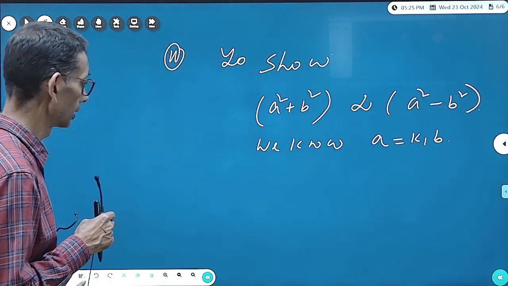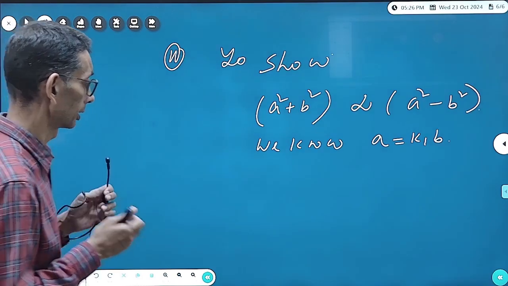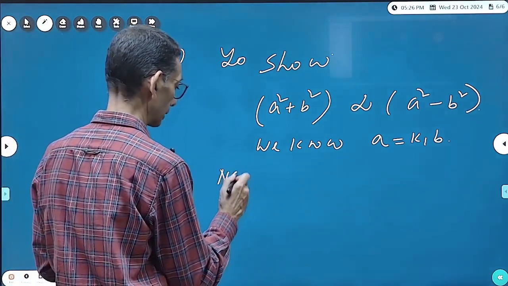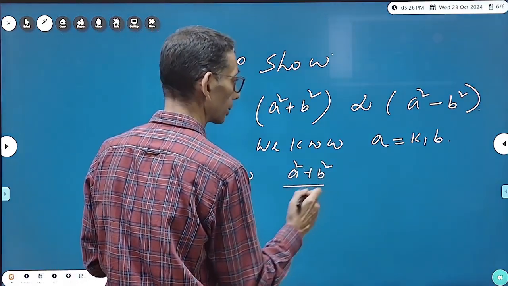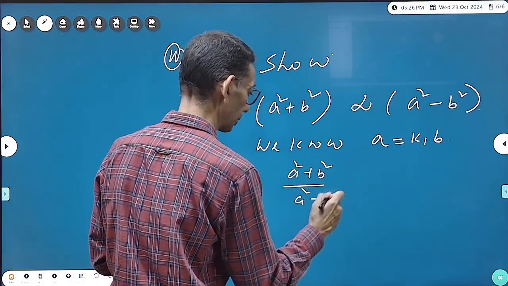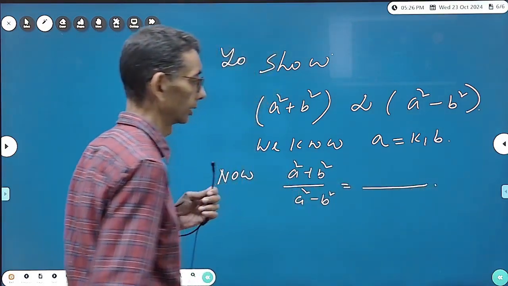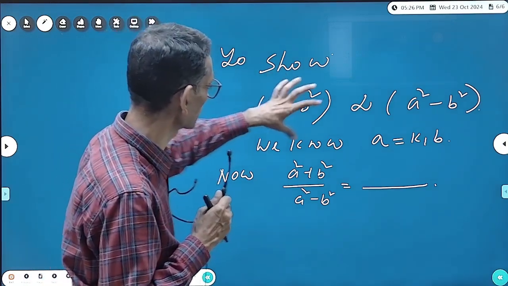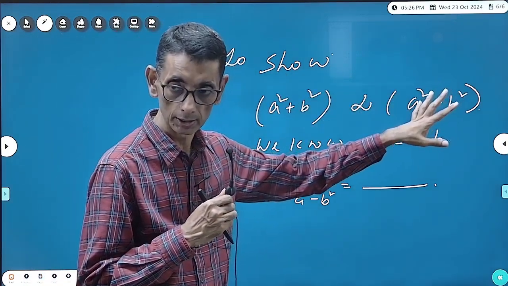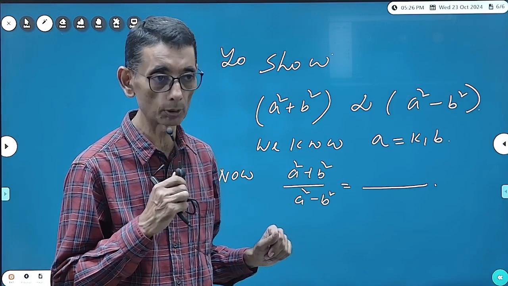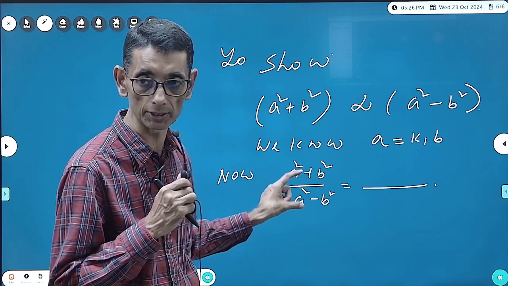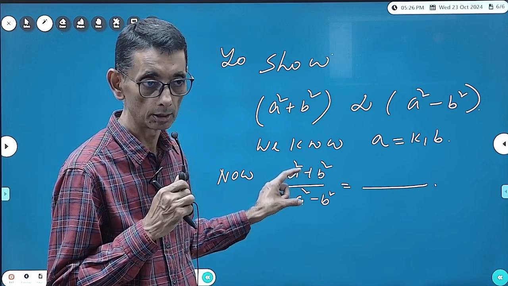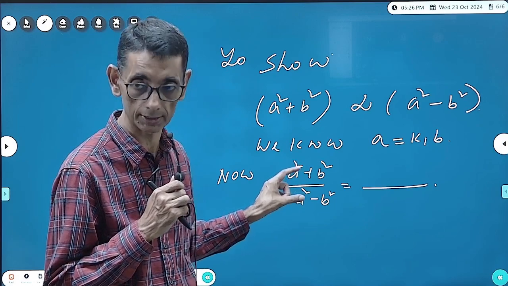Now a square plus b square divided by a square minus b square, we'll calculate the value of this term first. We have to show that this is directly proportional to this. We can show direct proportionality if we can prove that this ratio is constant.